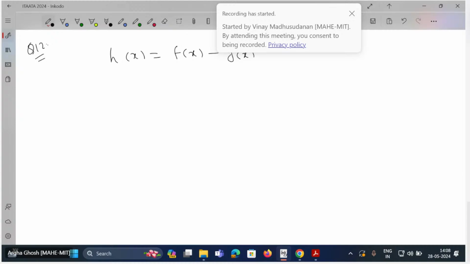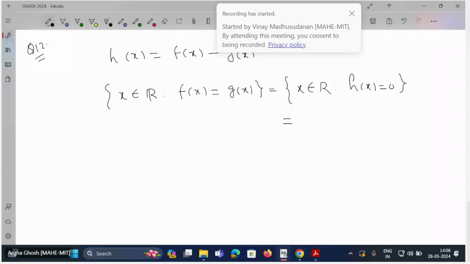Then the set of all x belonging to R such that f(x) equals g(x) is the same as the set of x in R such that h(x) equals 0, which is nothing but the inverse image of the singleton set {0}. Now singleton {0} is a closed set. Because h is a continuous function, the pre-image of the closed set is closed. So therefore this set is a closed set and we are done.